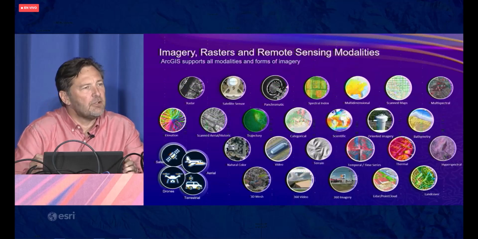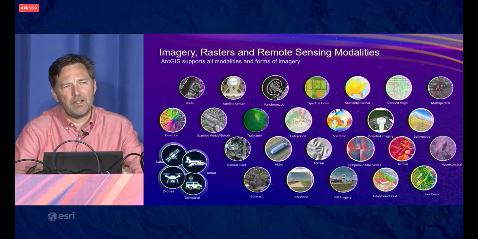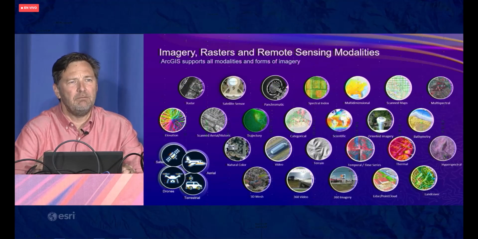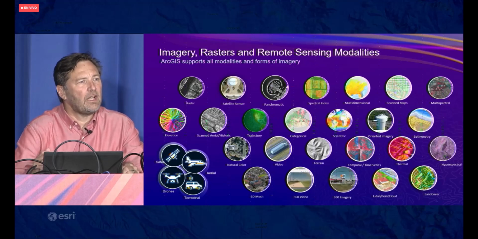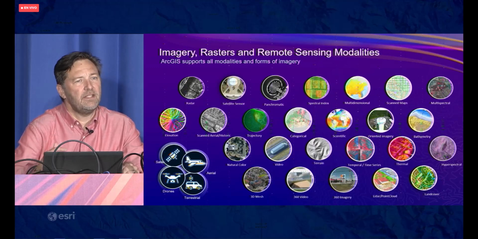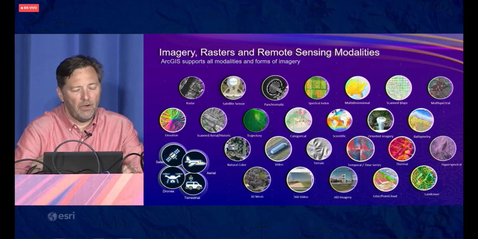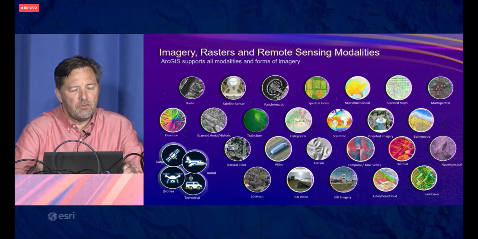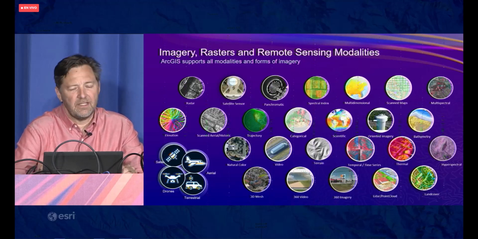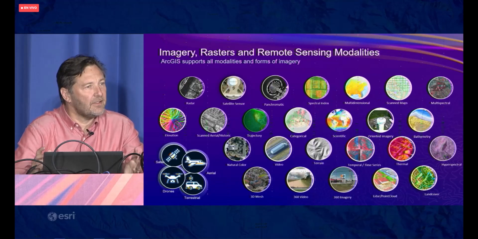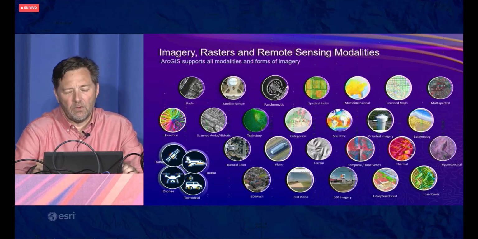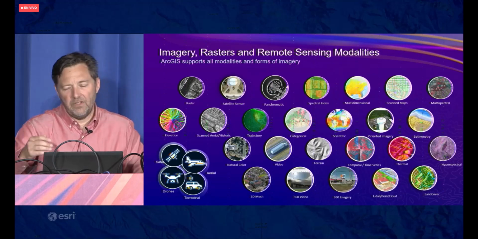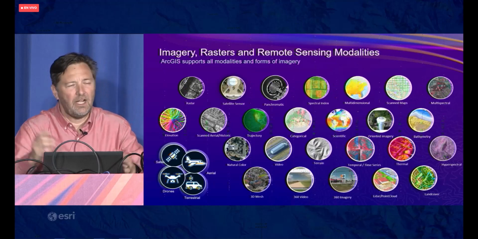Quick thing about imagery. When we talk about imagery, we talk about it in a very generic sense, to mean all types of remotely sensed data, but also data collected or processed as a result of different types of analysis. So imagery, rasters, remote sensing, there are lots of different modalities of this data. It could be just an optical RGB image, but it also includes scientific data, oriented imagery, video, bathymetry, hyperspectral.